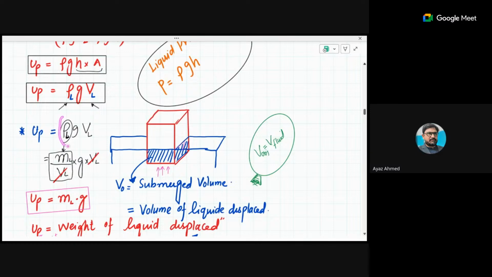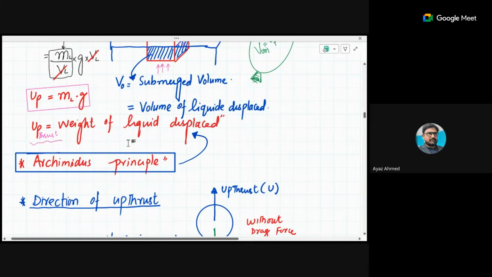When I say that the density of the liquid is rho, that density is equal to mass of the liquid divided by volume of the liquid. So volume of the liquid cancels. So upthrust is technically equal to the weight of the liquid displaced. What is upthrust equal to? That is equal to the weight of the liquid displaced. Right? Are you getting my point?